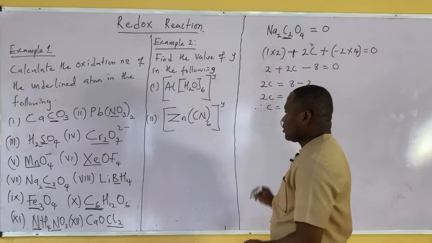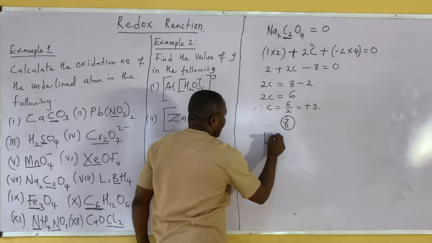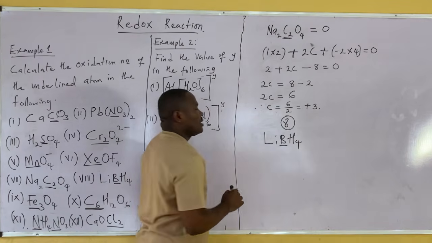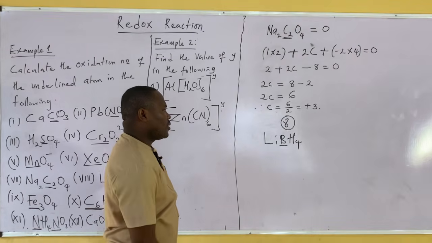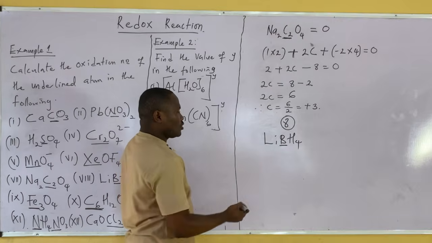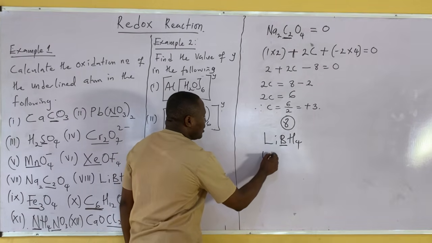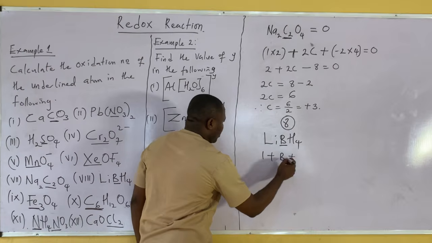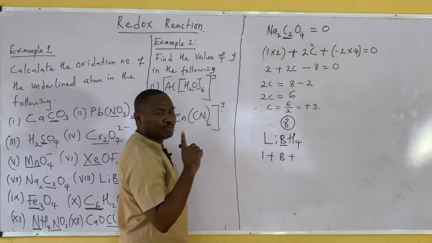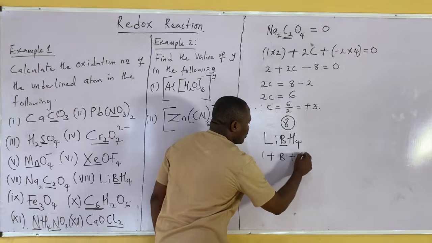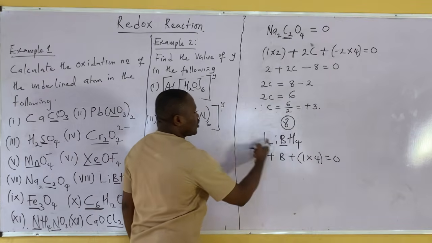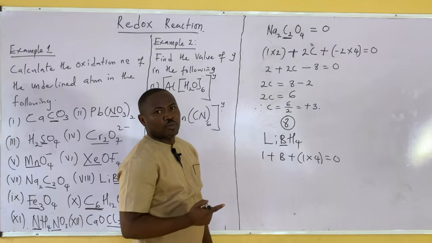Now let's look at question number 8. Question number 8, we are looking at LiBH4 and boron is on the line. Now you see this that you want to solve. Lithium is plus 1 and you have 1 plus boron plus hydrogen. Now take note, if you take hydrogen as plus 1, you'll be having 1 times 4. Everything equals 0 because the sum of the oxidation number of a compound equals 0.